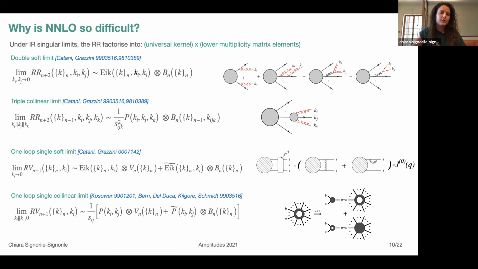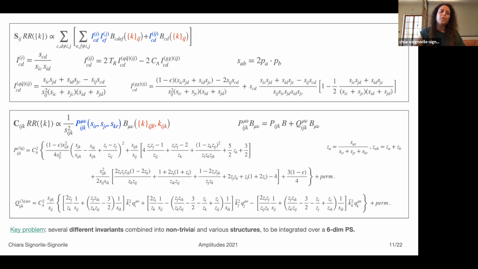But the crucial point is that these splittings or these eikonal factors are universal, essentially process independent. I just want to quote the form of these kernels to give you an idea that these functions are not something mysterious. They are essentially a ratio of Lorentz invariants and energies. These kernels have to be integrated over a six-dimensional phase space.